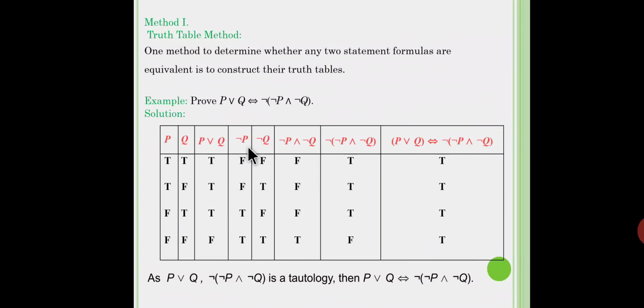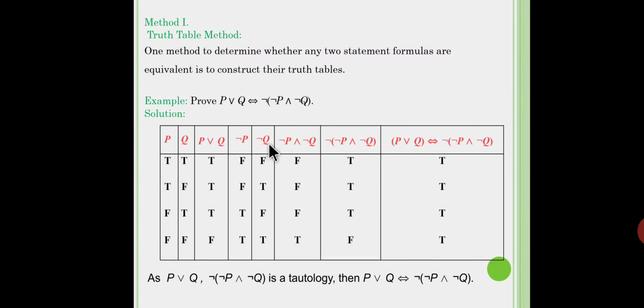So first we write the truth values of ¬P and ¬Q. What is negation? It is quite the opposite of the proposition. So where P has truth value true, the negation of P has truth value false: false, false, true, true.